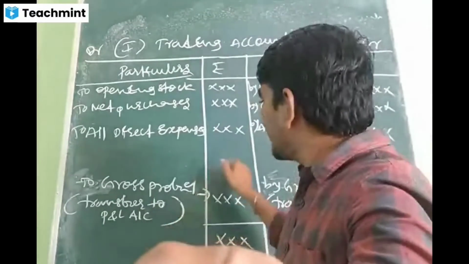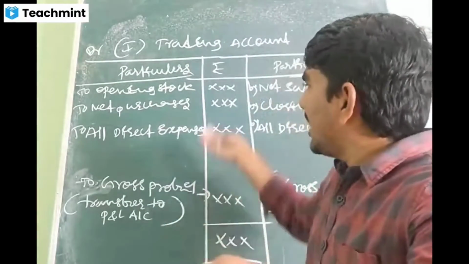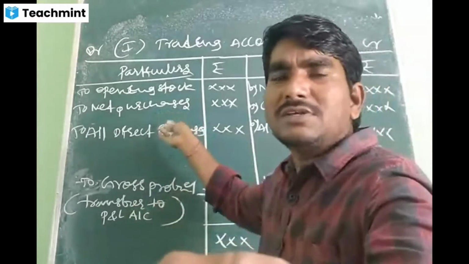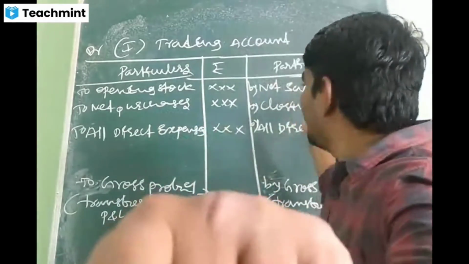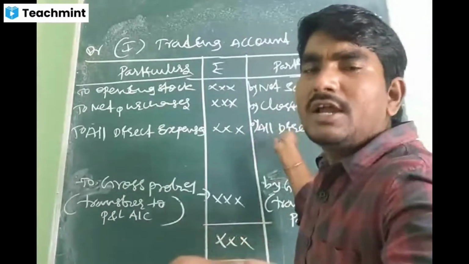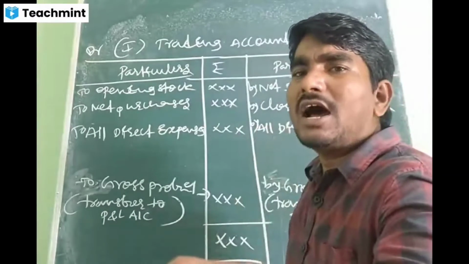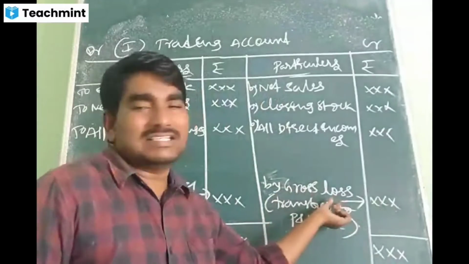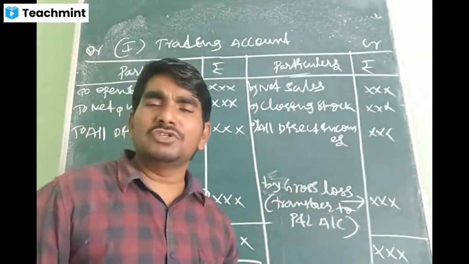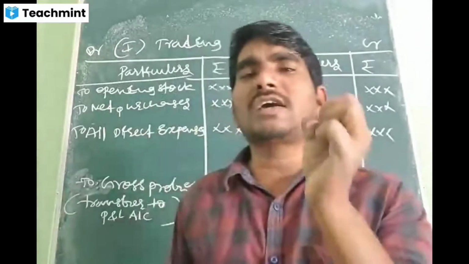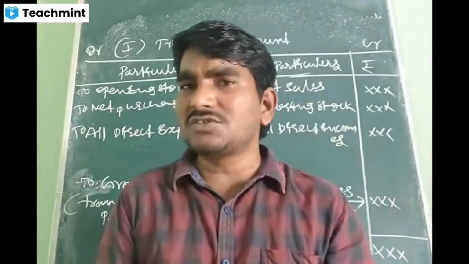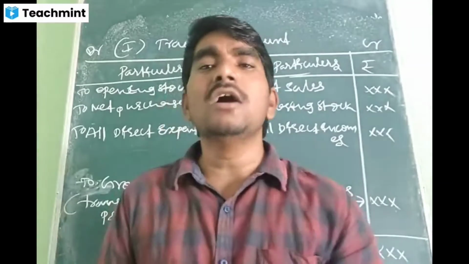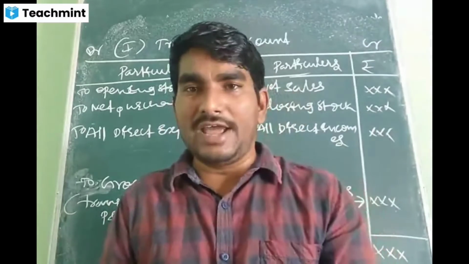In the situation where the direct expenses are more than the direct incomes, we get a gross loss. Whichever of gross profit or gross loss we get is transferred to the profit and loss account.